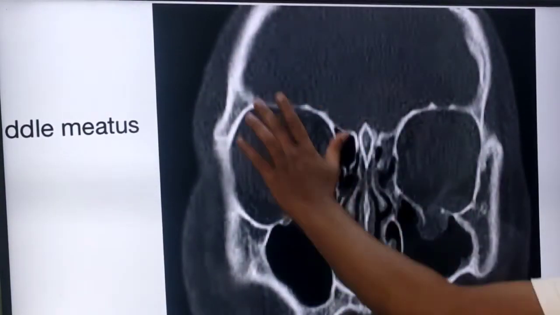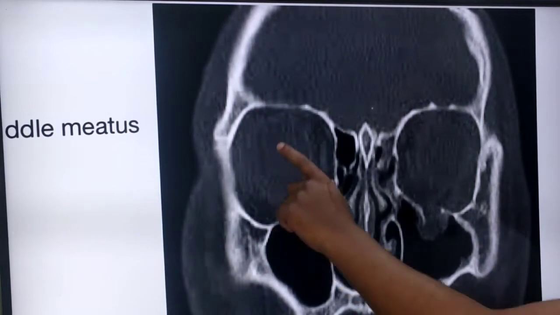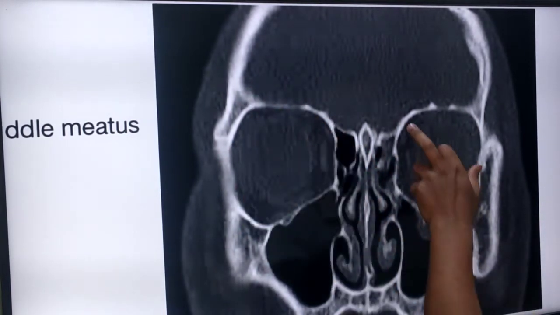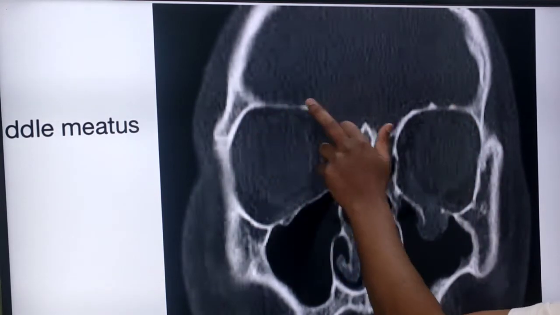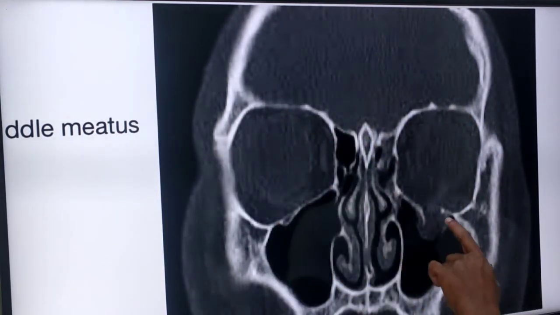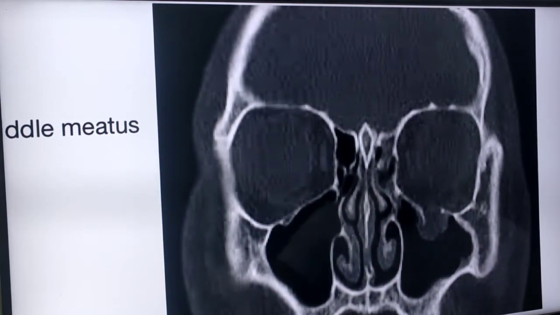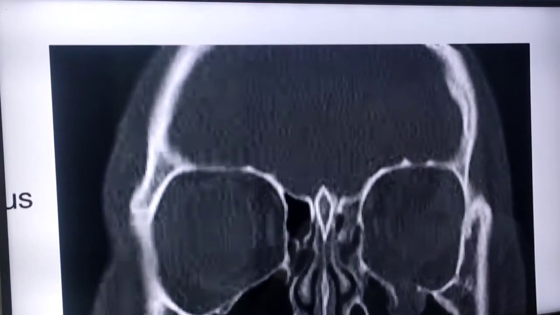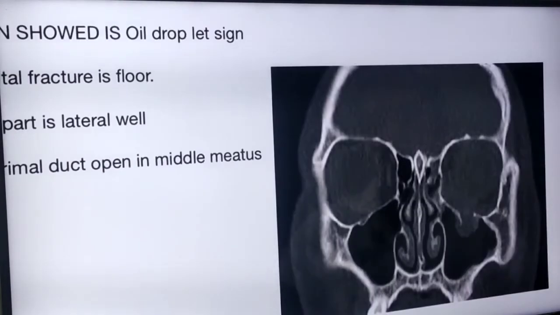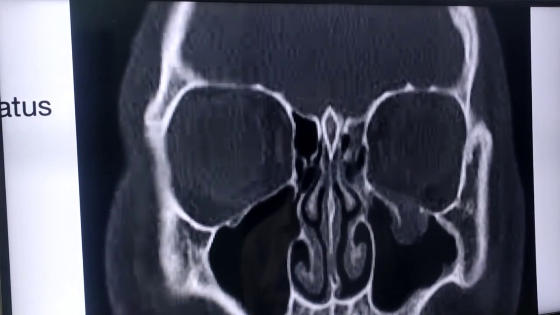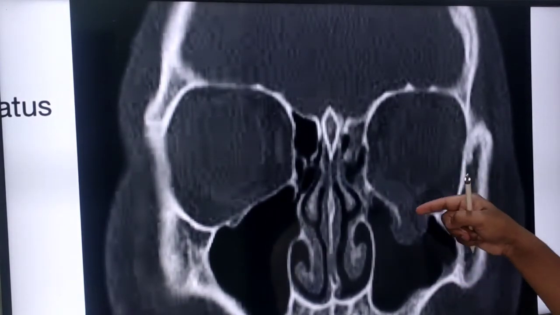This is a CT scan because the bones are white. Bones can be seen easily. This is the orbit. This is the floor. This is the roof. This is the medial wall, lateral wall, floor. What is happening here? See, the floor has been breached.